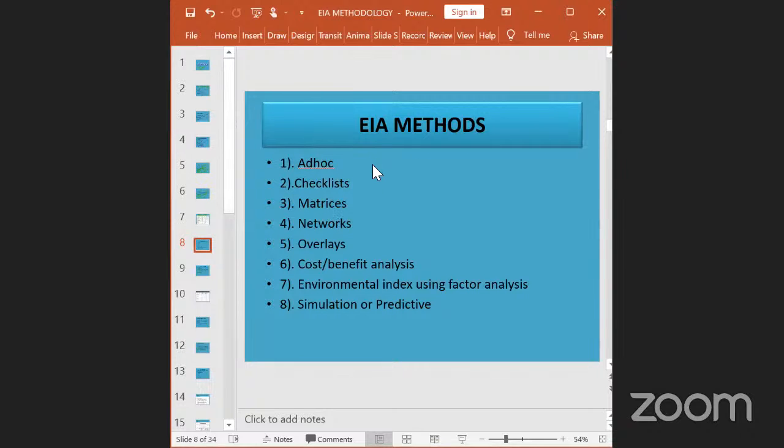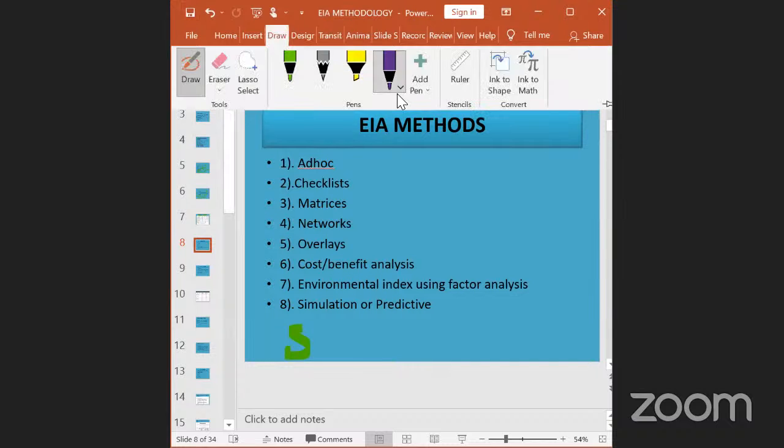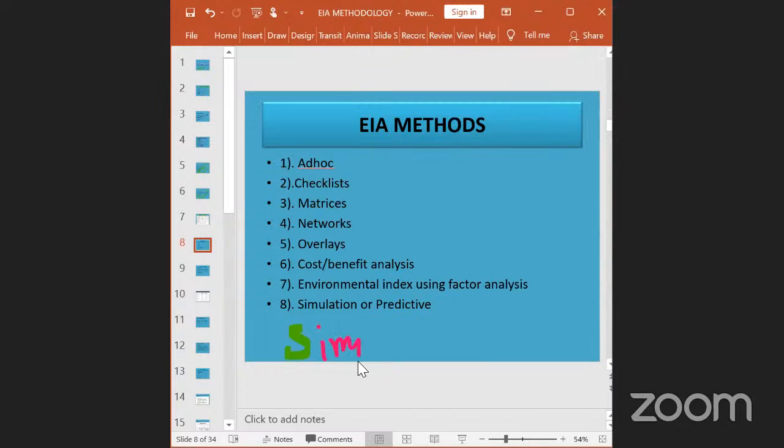Impact assessment methodologies range from simple to complex, right? And progressively they are changing from a static and piecemeal approach.